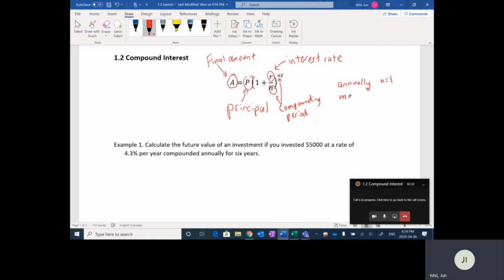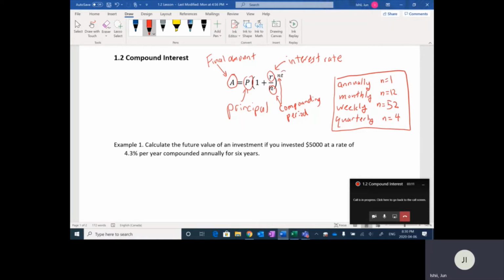Monthly would be 12. Weekly, n is 52. And quarterly is 4 times a year, so n would equal 4. After the word compounded, one of these words will show up, and therefore the n will vary depending on how often you compound it.